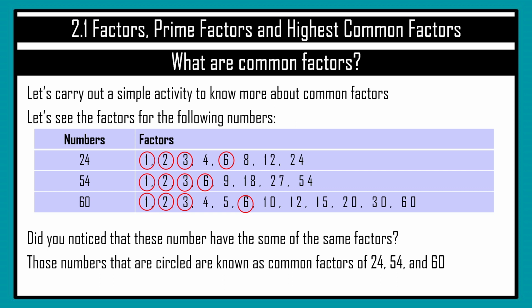When we say common factor, we usually have more than one number. A factor or prime factor usually refers to one number, but common factors are the same factors among two or more numbers.